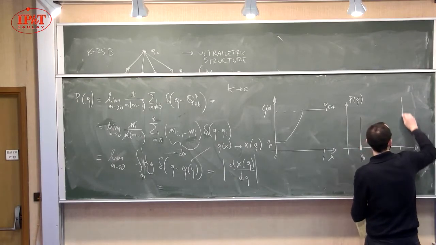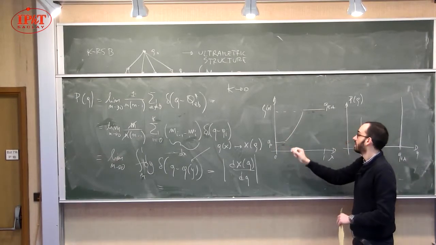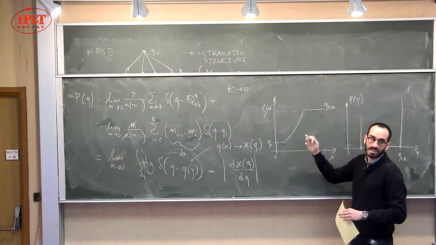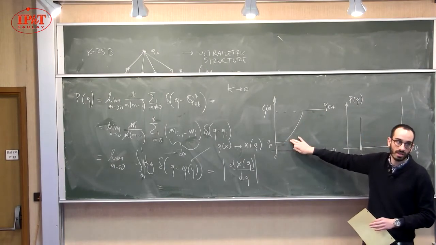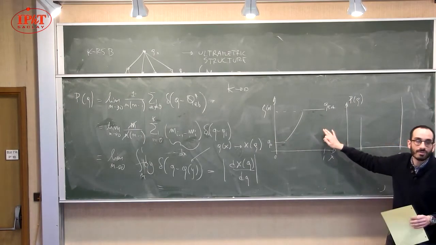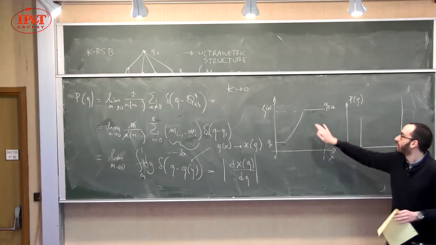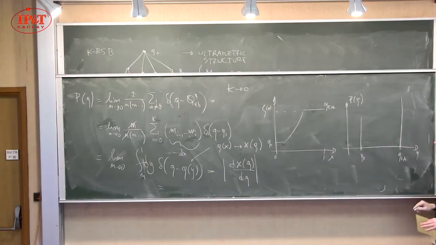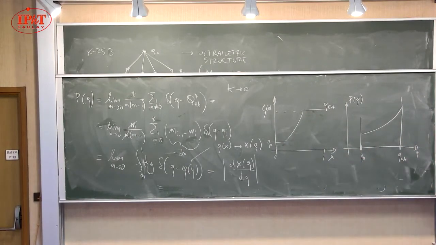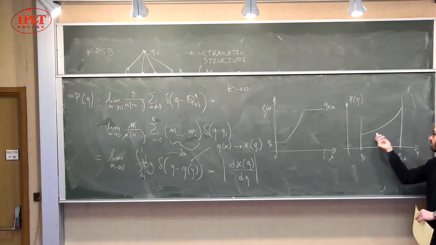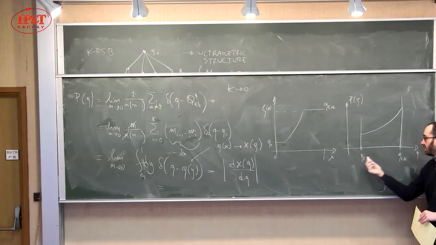You will have two Dirac delta functions here that are due, for example, to two plateaux. The fact that you have two plateaux here is something that arises when you solve the equations. So it's a kind of typical situation. That's why I wrote it here. Of course, for the moment, we don't have the right to write things like that, but I will do it just because this is the typical situation. So you have two Dirac delta functions here that are connected to this, and then you have something like that. So you have a continuous probability distribution to get overlaps in this range.